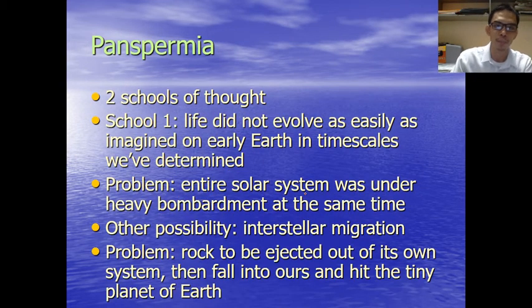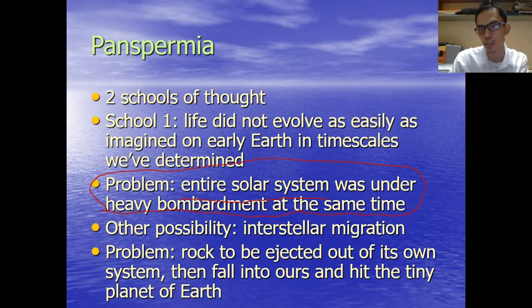All right, two schools of thought here. School 1: life did not evolve as easily as imagined on Earth in the time scales we determine. Problem: the entire solar system was under heavy bombardment at the same time. So during the formation of the Earth, it was bombarded by several asteroids, comets, or even planetary collisions.